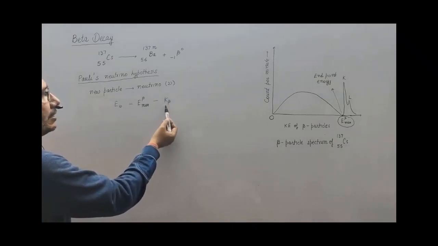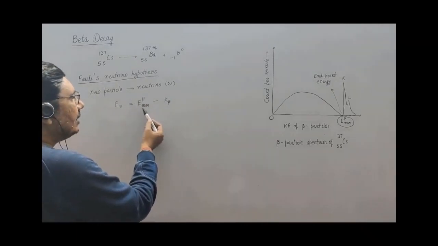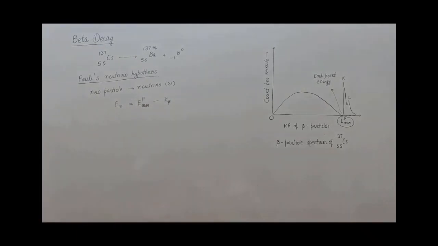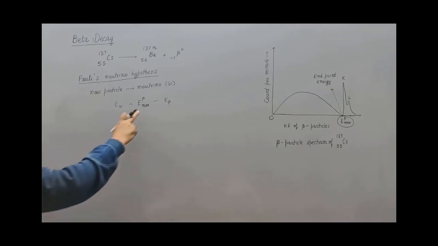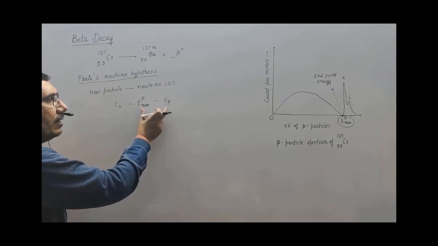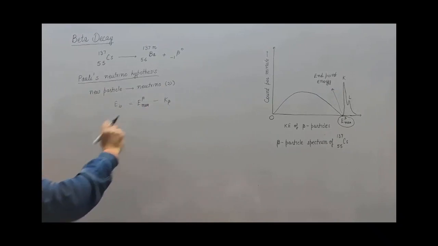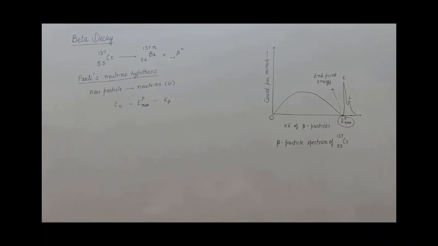Suppose one beta particle is carrying energy K beta, but the maximum kinetic energy that can be carried by a beta particle is this one. So where is the rest of the energy? This is carried by the neutrino. In this way, the conservation of energy principle is followed.